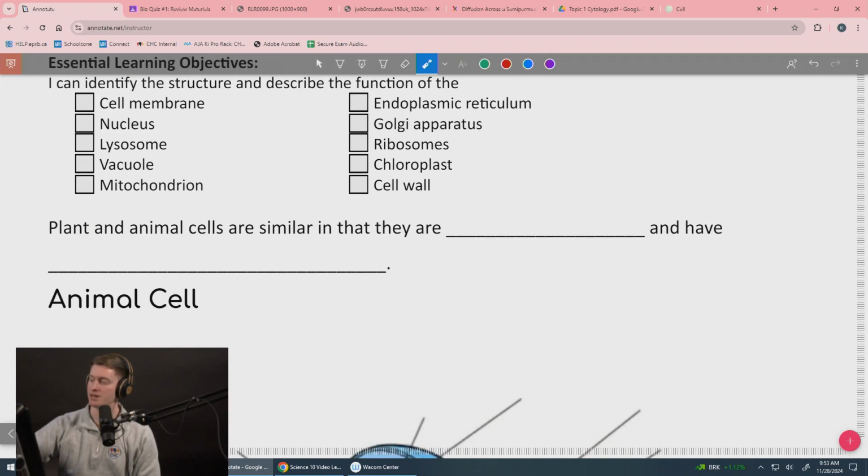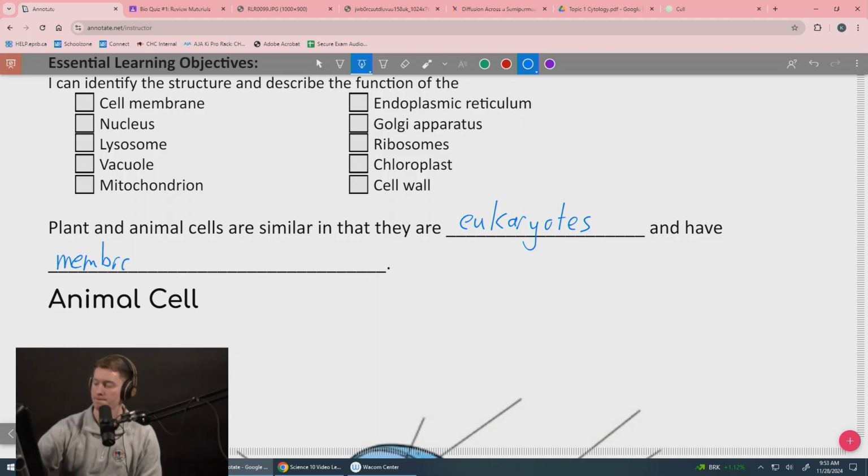Plant and animal cells are similar in that they are eukaryotes and have membrane-bound organelles, plus a nucleus.